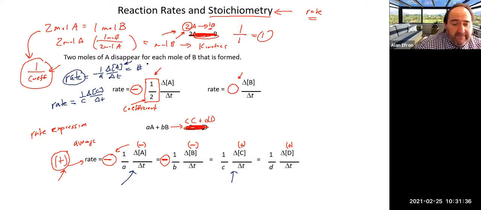I'll just say it's 50 molarity per second, just made it up. If I'm able to do that because they gave me some information about A, that number I get for the rate is the same number that would be here. So I would then know this would be 50 molarity per second, 1 over C, change in the concentration of C over the change in time.